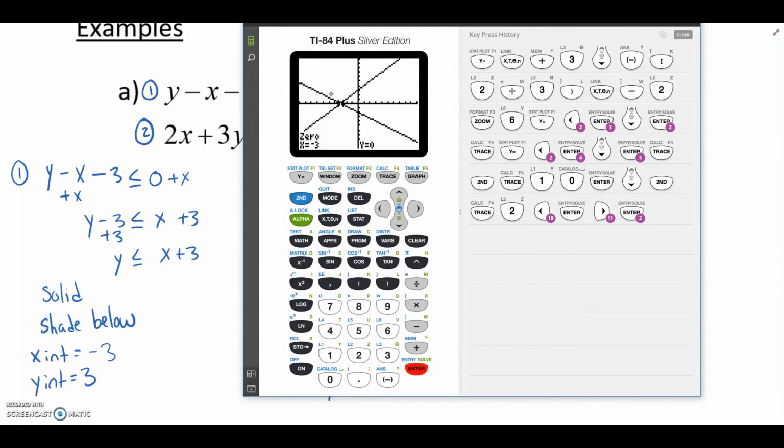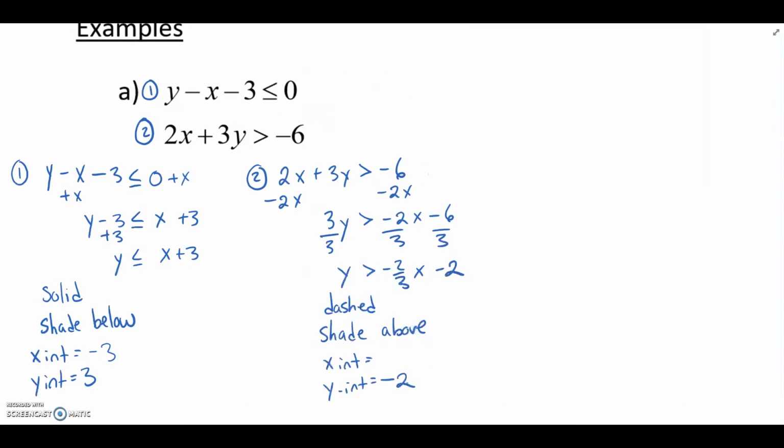It looks like they're crossing at the exact same point, but I don't want to take that for granted. So let's just do that anyways. Go to 0. Make sure I'm on my other line. So now I'm on y2. Left bound. Right bound. And it is in fact at -3.